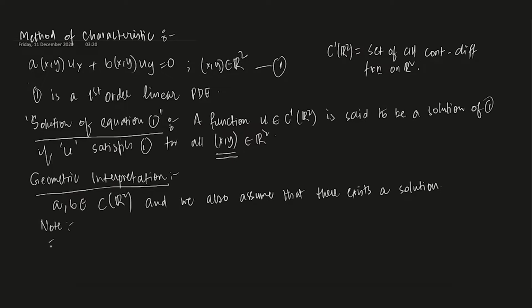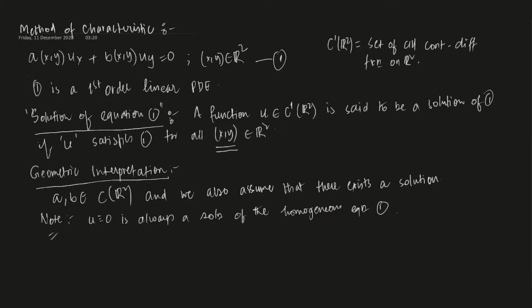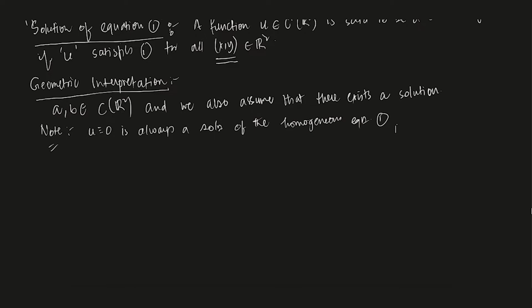The trivial solution is always a solution of the homogeneous equation 1. But we are not interested in it; we will only be interested in non-trivial solutions, because trivial solutions are not very important.